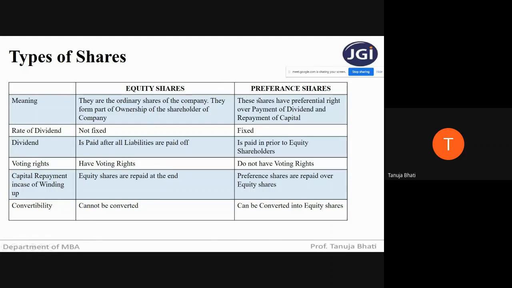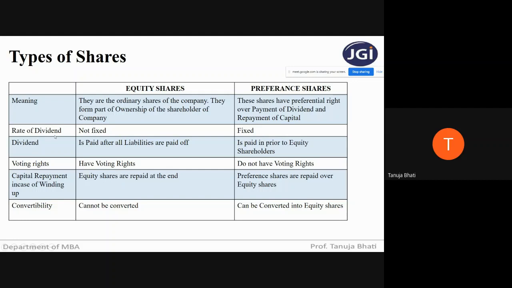So always, in respect of dividend payment and repayment of capital, preference shareholders get the first priority, and if profit or capital remains, then only the equity shareholders get it back. So this is the basic difference between equity shares and preference shares.